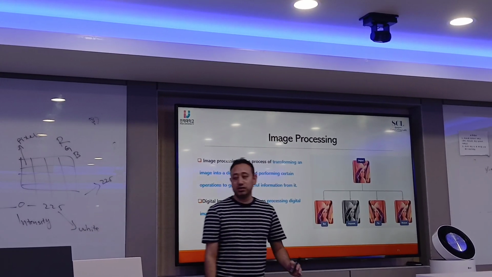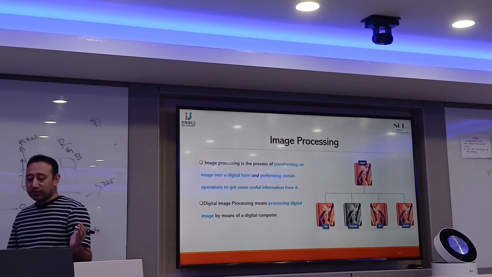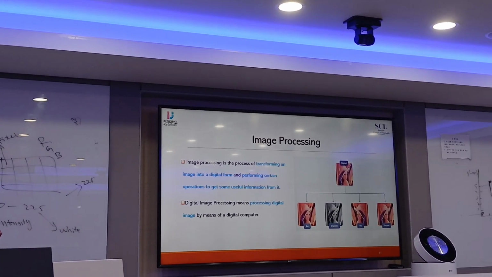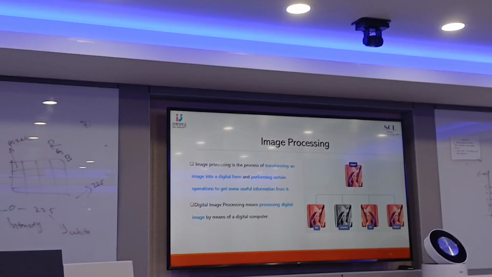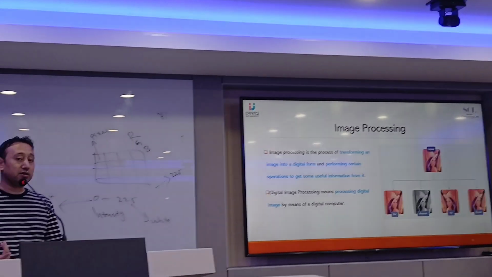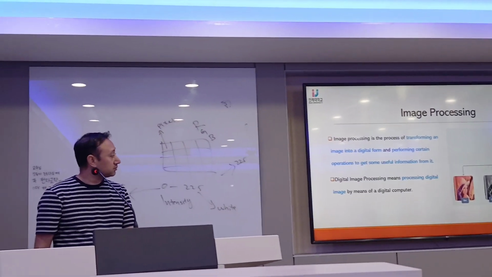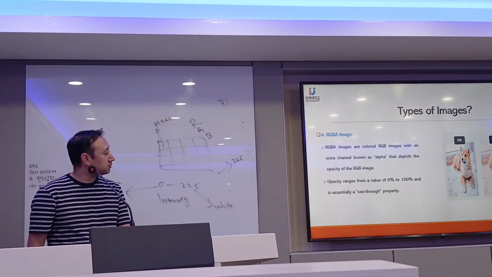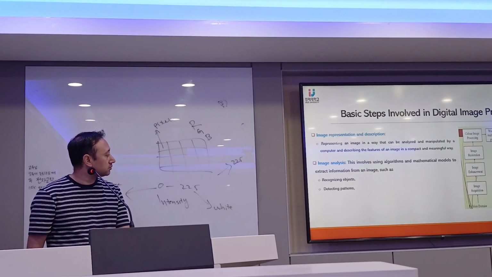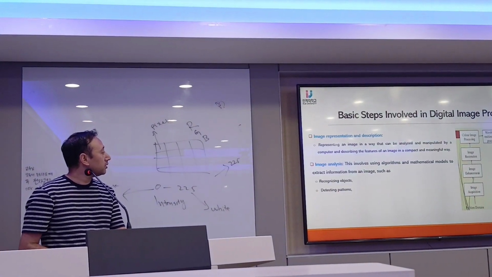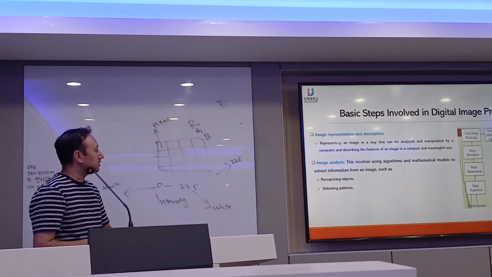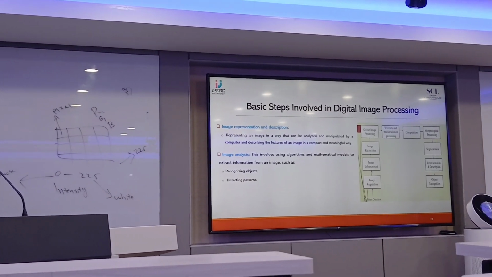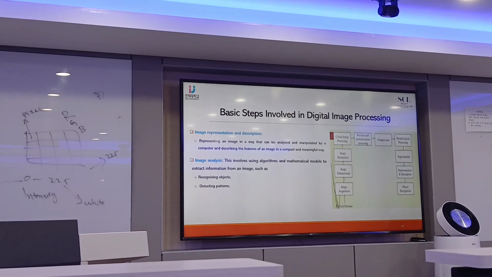But in computer vision, if you give an image, then there will be some other tasks, for example, object detection, feature extraction, prediction, or classification. Then image analysis. Image analysis is the last stage of image processing.